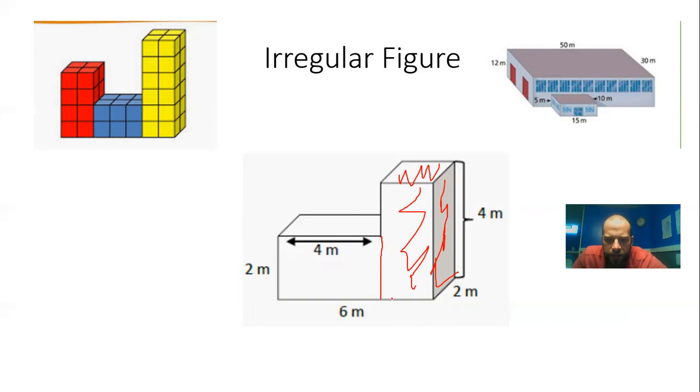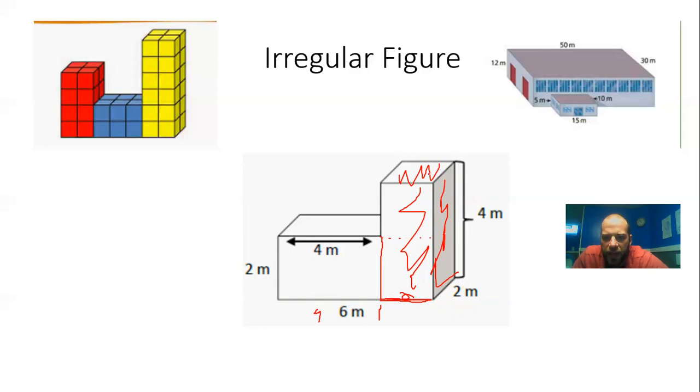So I need to figure out what this number is right here. I know that the whole thing is 6. Now, if I look right here, I know this is 4. So if this is 4 and the whole thing is 6, then 4 plus my piece that I need right here equals 6. So that has to be 2. Whew. So that's a 2, and this is a 2.